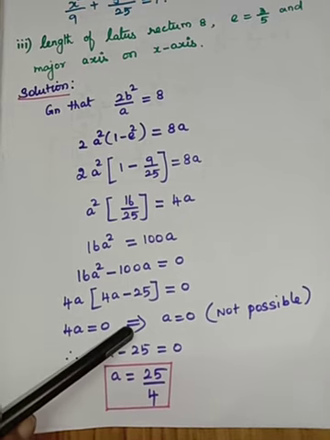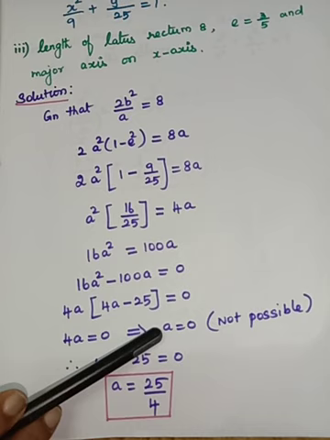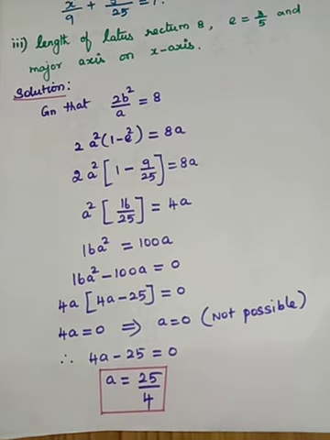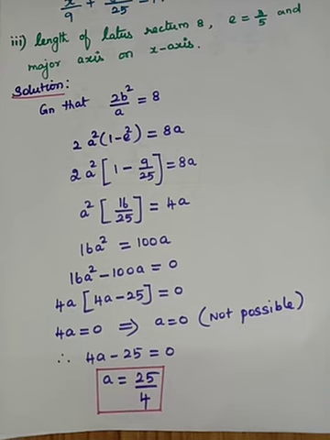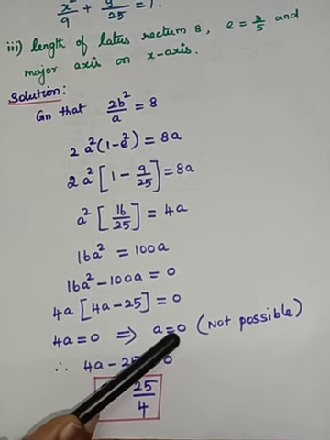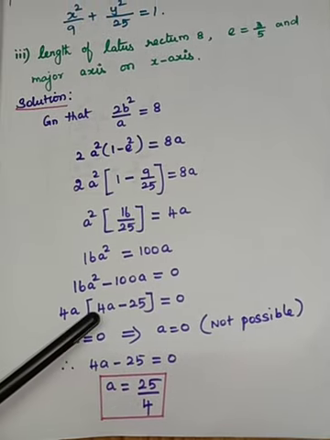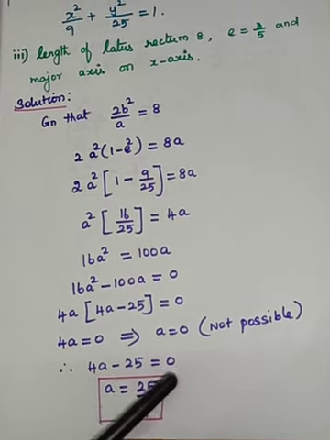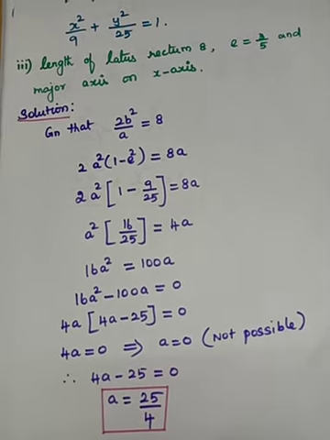So 4a is equal to 0, which implies a is equal to 0. a is nothing but the length of the semi-major axis, the distance from C to A. So it cannot be 0 for the ellipse; it is not possible. So we have to take the next result, 4a minus 25 is equal to 0, a is equal to 25 by 4.